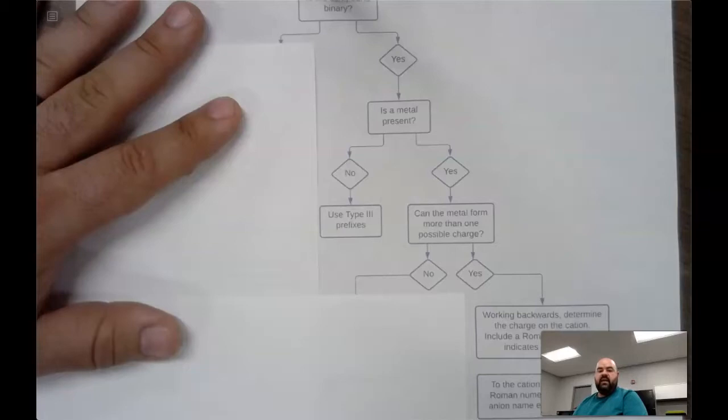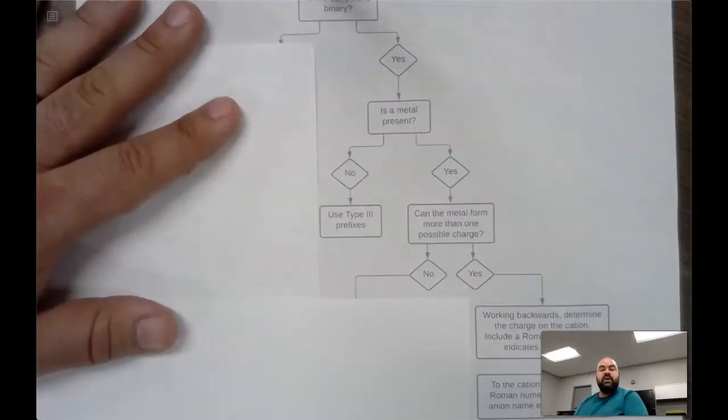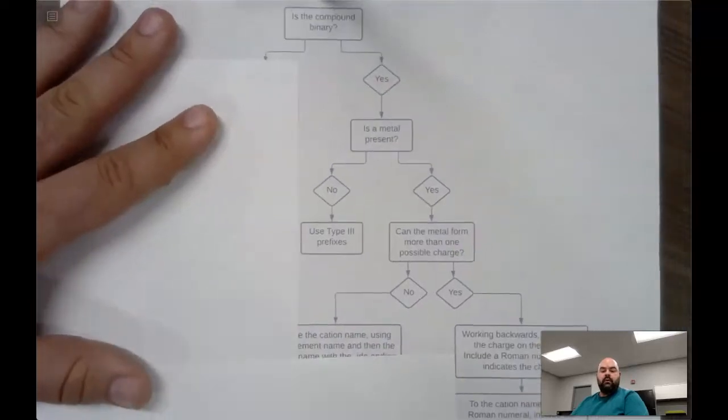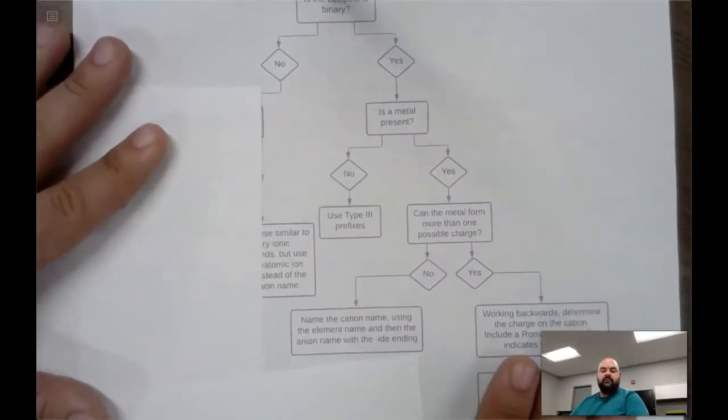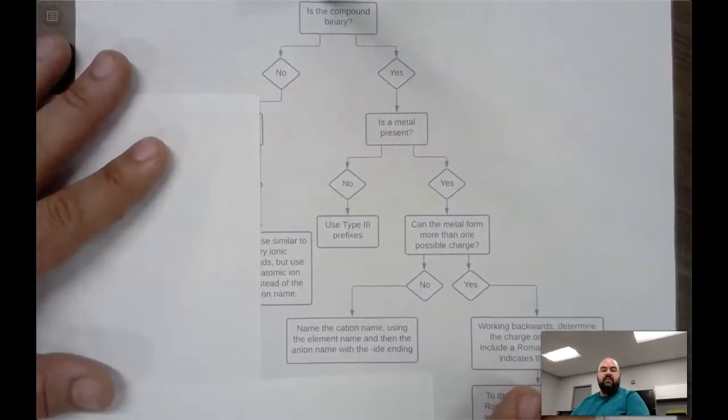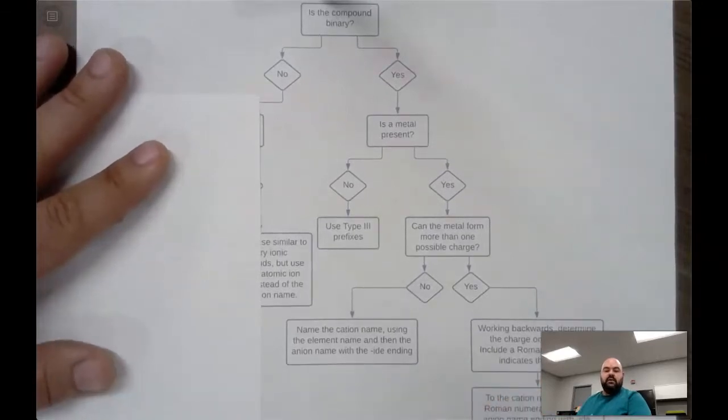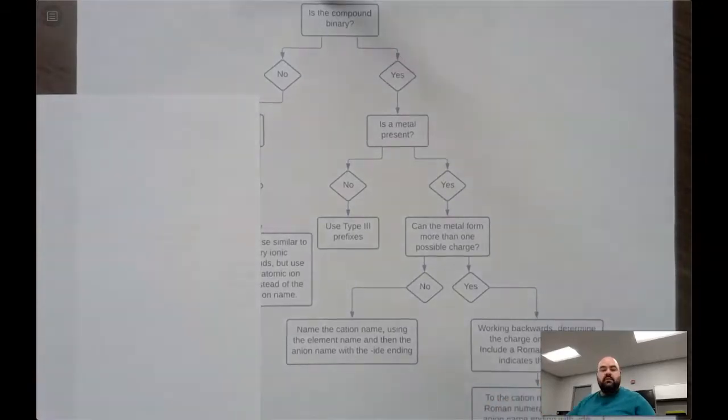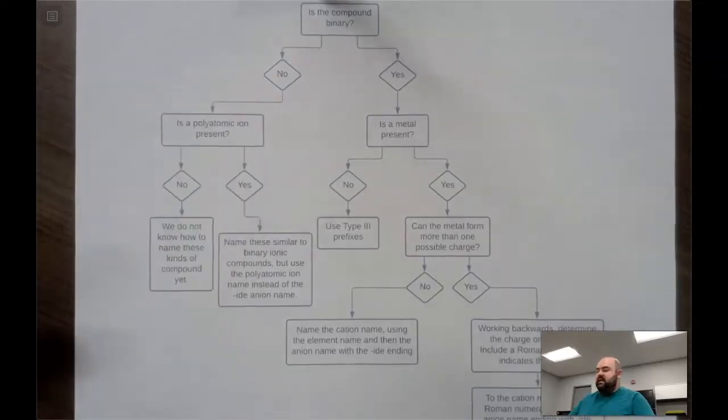If the answer to the possible charge question is no, then you name the cation using the element name without a Roman numeral, and then the anion name with the "ide" ending.